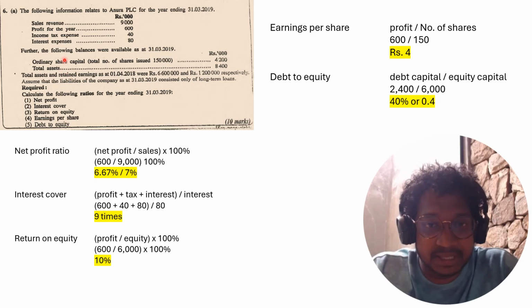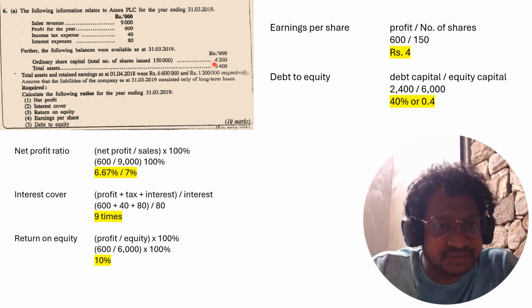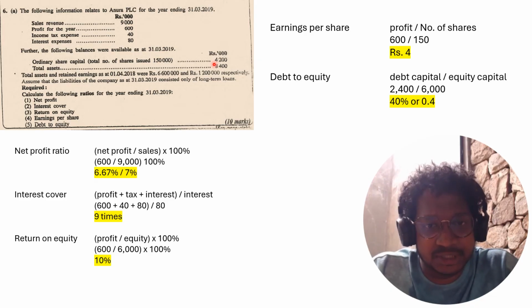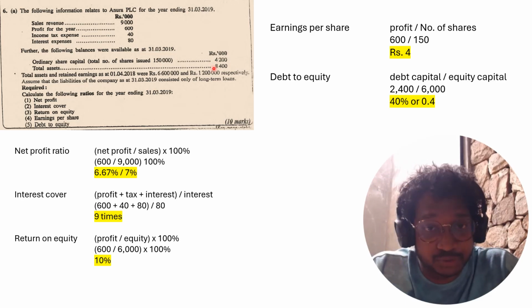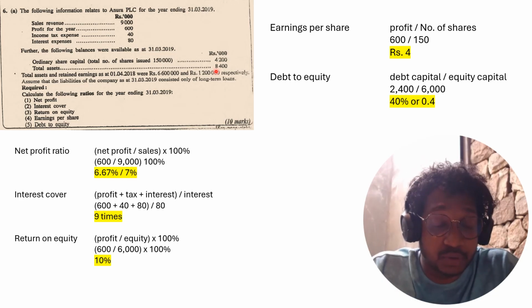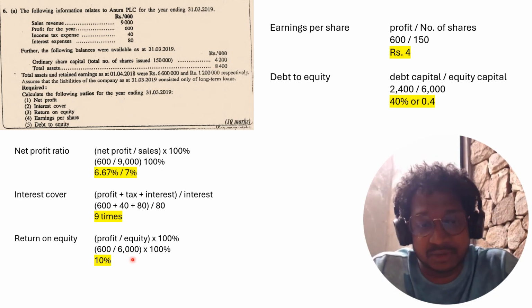Your stated capital as at opening date is 4,200, and it remained unchanged as at closing date as well. So the total of stated capital and retained earnings, your equity as at closing date, is 6,000.